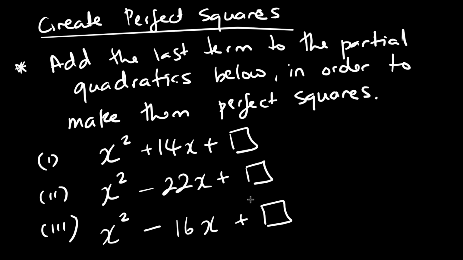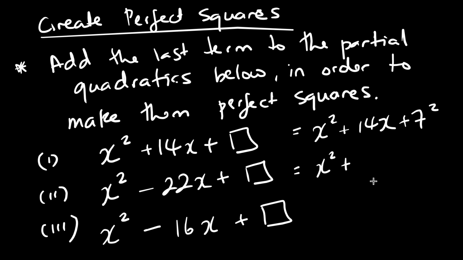And for the first one, all you need to ask yourself is, what is half of 14? And we'd expect then that we have x squared plus 14x, half of 14 being 7, plus 7 squared, or x squared plus 14x plus 49. For this one here, we have x squared plus, oh, it wasn't plus, this was minus for the second one and third. Let me erase quickly.